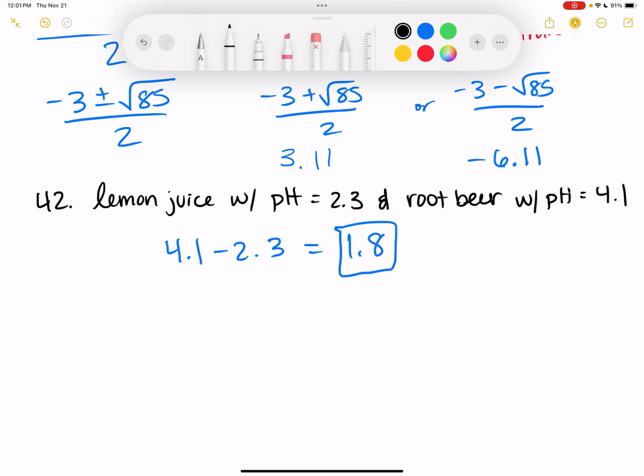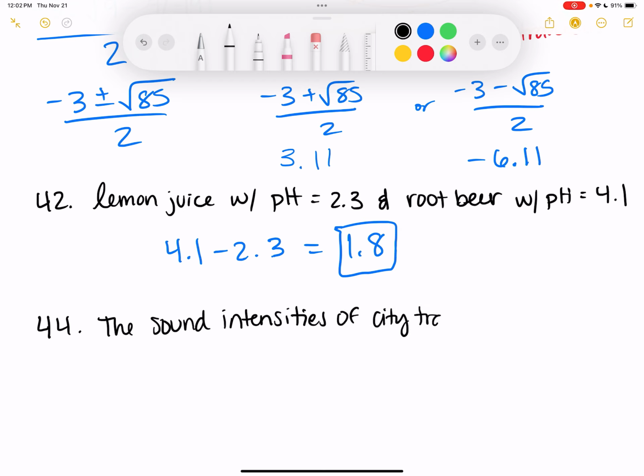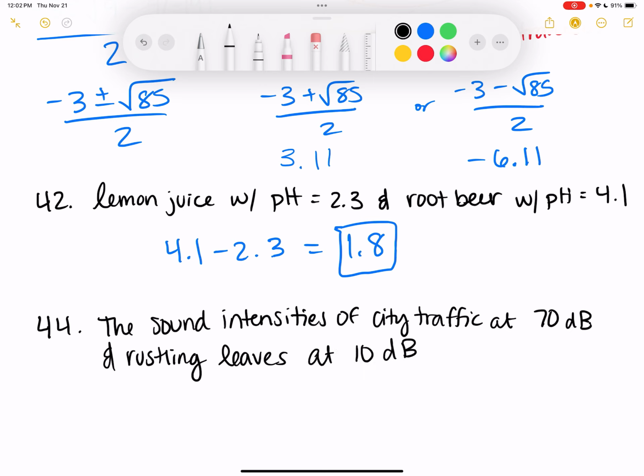Now, this next one's a tiny bit different. The sound intensities, which is where it more so comes into physics class, of city traffic at 70 decibels and rustling leaves, perfect for this time of year, at 10 decibels. I take these two numbers and subtract them.